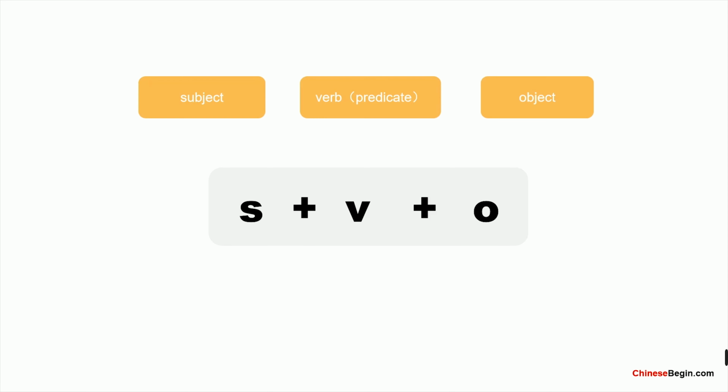We can find that the word order in these two sentences is subject, verb, and object. We call this kind of sentence an SVO structure sentence for short. It is the most common sentence structure in Chinese, which is very important. We will learn more SVO structure sentences in our future lessons.